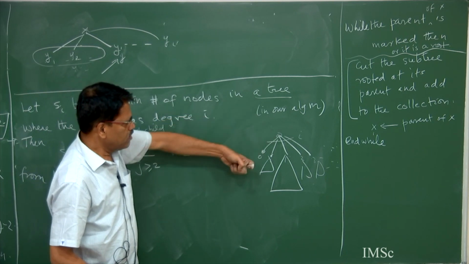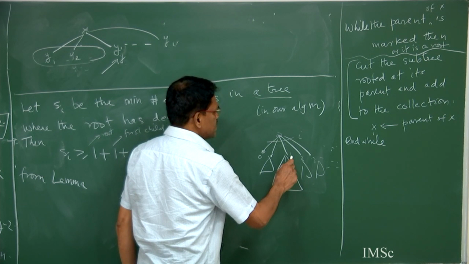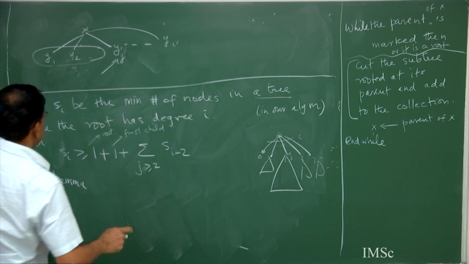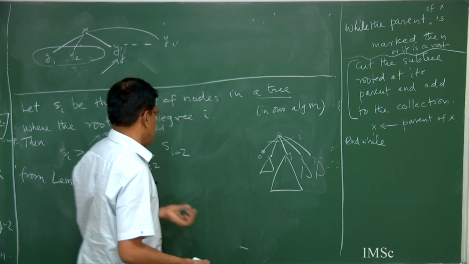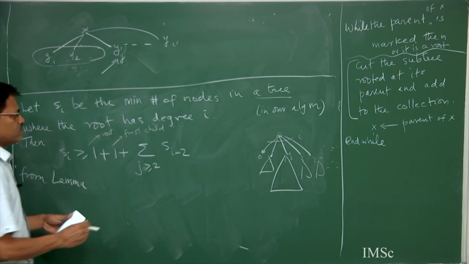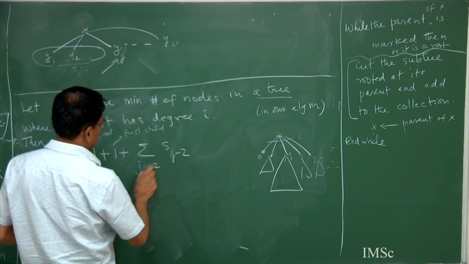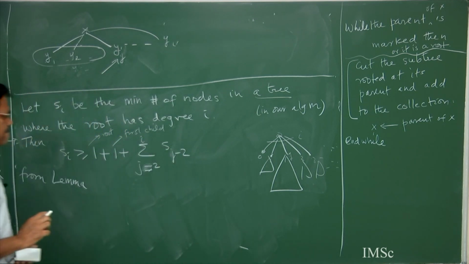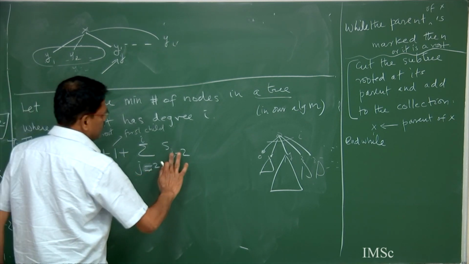So this is 1 plus, if you pick any particular j, since its degree from this lemma is at least j minus 2, the number of nodes is at least S j minus 2, sorry, not i, j. It's j equal to 2 to i. Now you should see some similarity to Fibonacci numbers here.